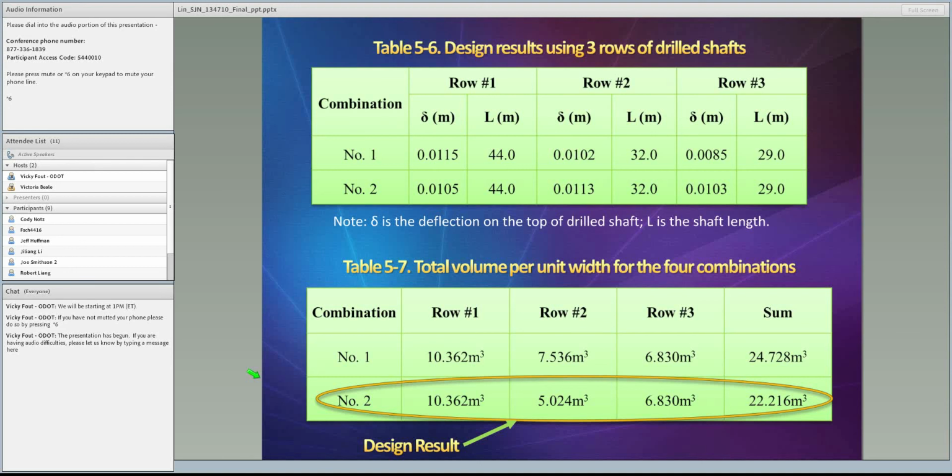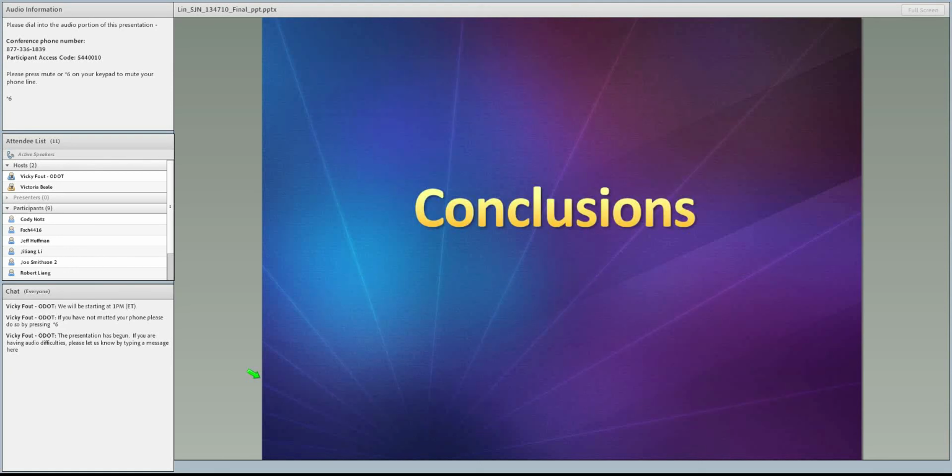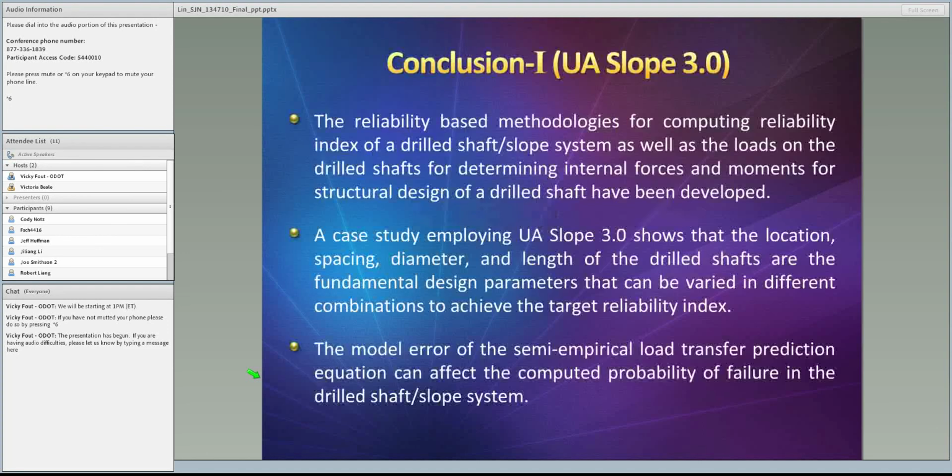And also for the importance sampling part, importance sampling is suitable to employ for drill shaft stabilizing slopes, and it's very efficient with very quick calculation. However, we have to choose an accurate and appropriate importance sampling function.